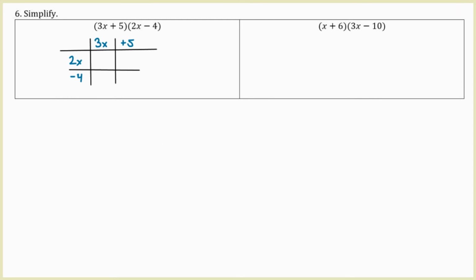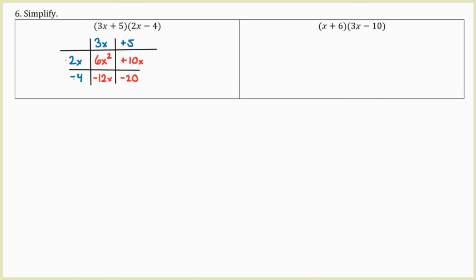Let's go ahead and multiply these. We get 6, 3 times 2. x times x is x squared. 2x times 5 is 10x. I just like to put those symbols there. Negative 4 times 3x is negative 12x. And then finally, negative 4 and a positive 5 is negative 20.